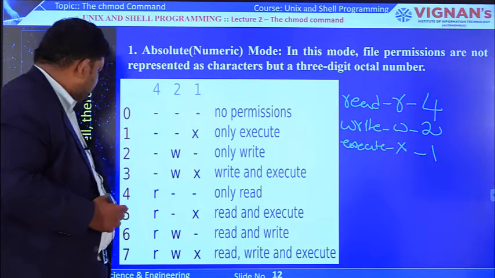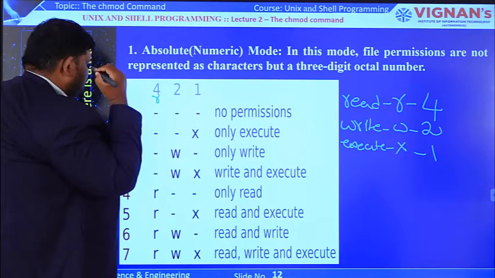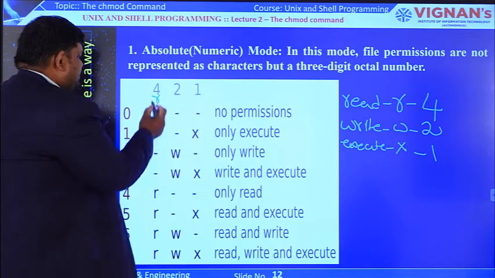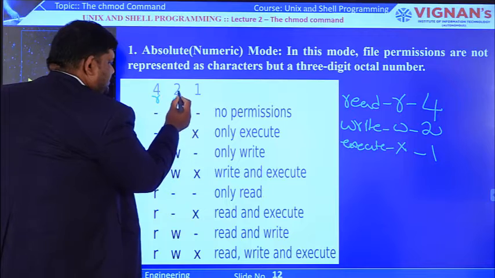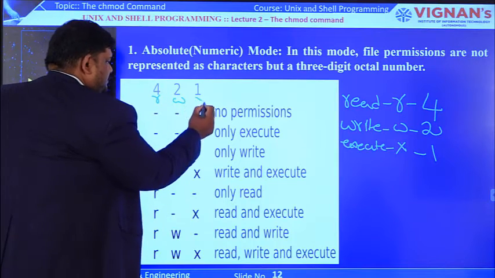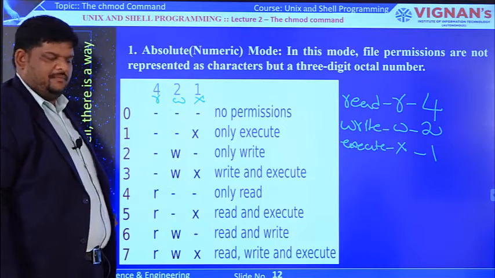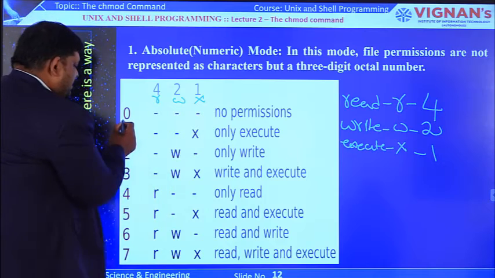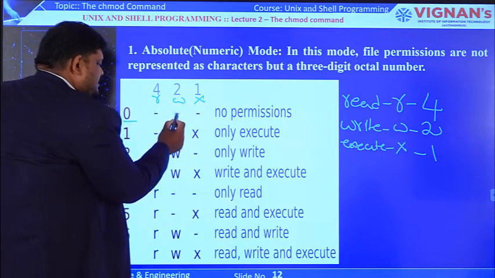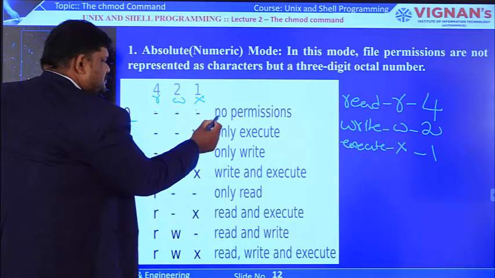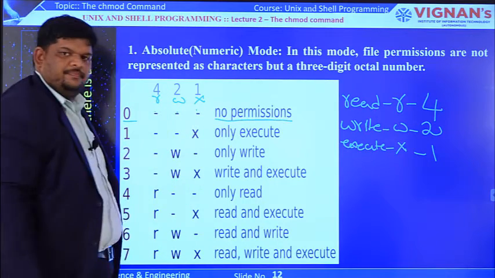Let us consider this diagram. 4 means r, that is read. For w the value is 2, for execute the value is 1. If we provide the value 0, that indicates no read, no write, no execute, that means no permissions.